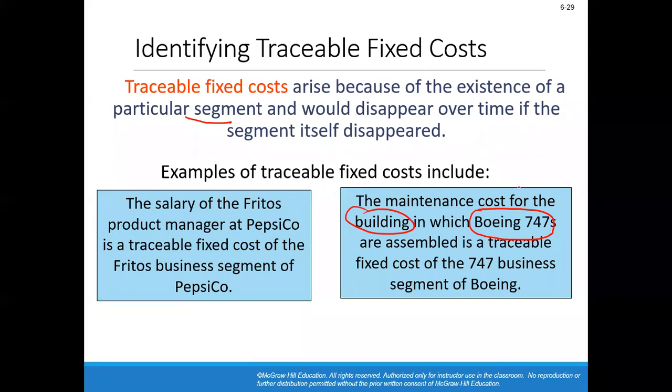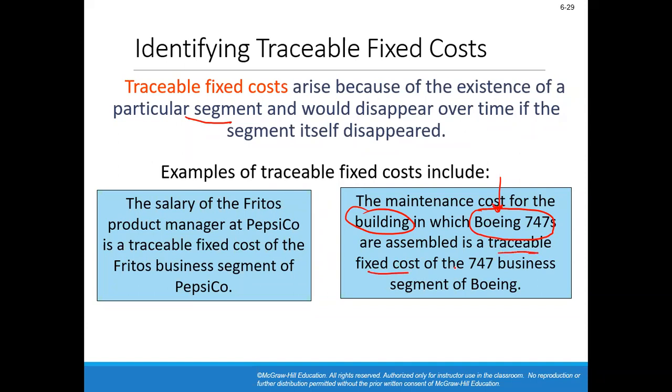So if Boeing makes a segment based on the model of aircraft, this is one particular segment, the Boeing 747. The cost incurred by Boeing for this building, which is maintained for the Boeing 747 segment, the building's maintenance cost, will be considered a traceable fixed cost.